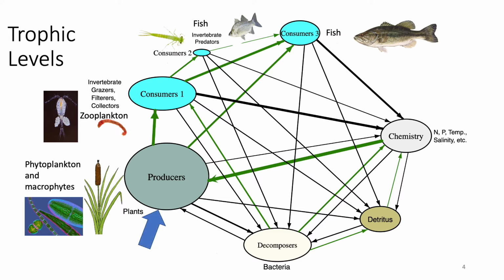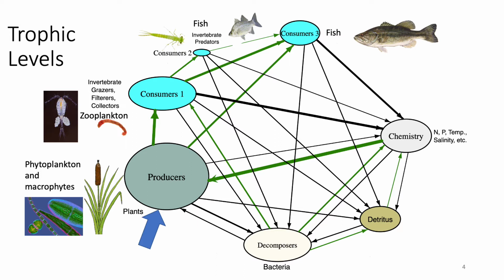Here is the basic food web of Utah Lake as food web modelers and ecologists see it. Starting with producers, the plants. Consumers 1 are invertebrate grazers such as zooplankton, filterers, collectors, gatherers that feed on producers, the algae and the plants. Consumers 2 are invertebrate predators such as dragonflies and damselflies and juvenile fishes.